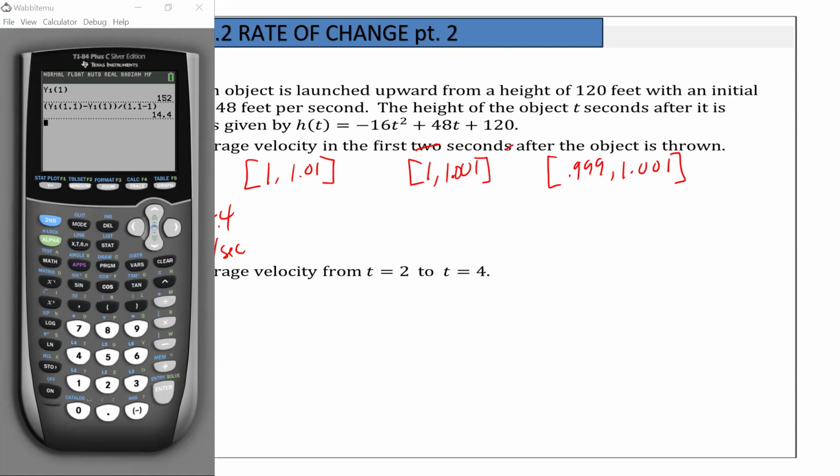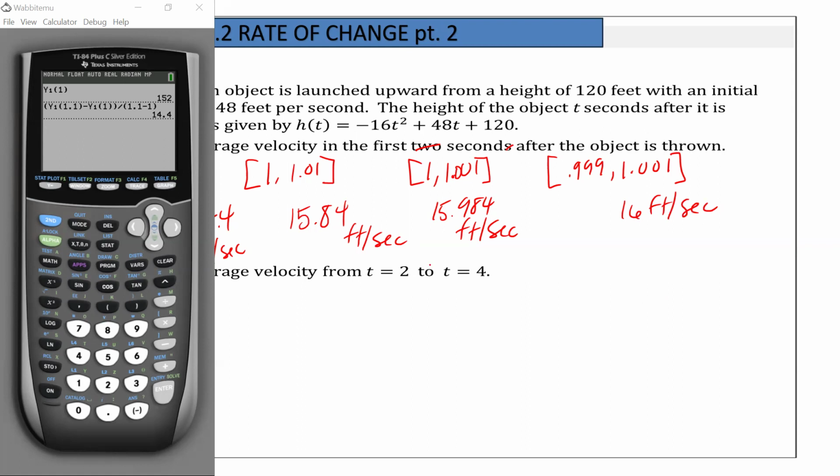So you actually can create a fraction, whereas I have to use parentheses to distinguish between my numerator and my denominator, right? All right, what did we get for our second interval? 15 point. Perfect. Our third interval. And then our fourth interval. There we go.